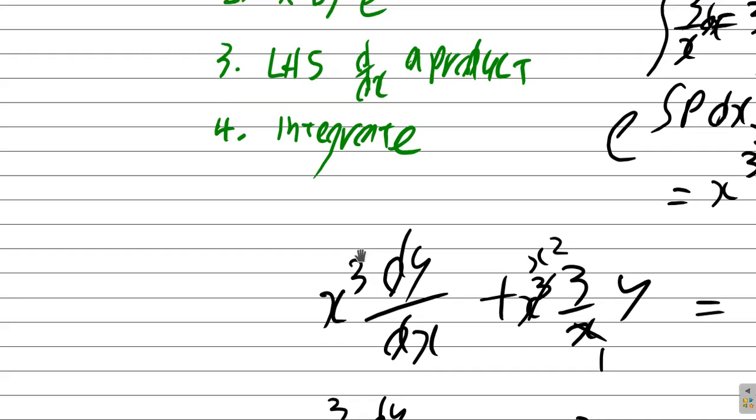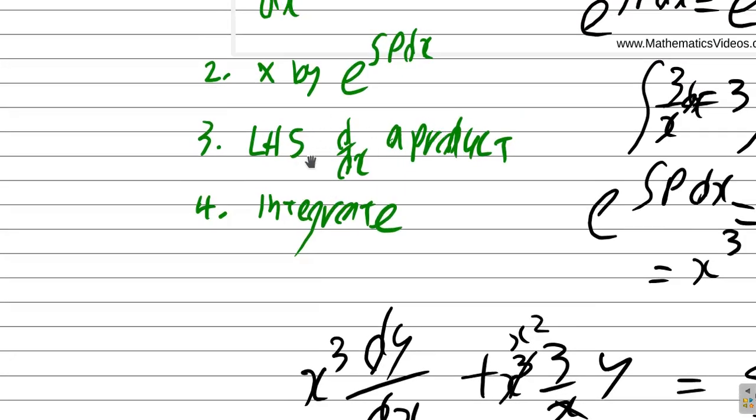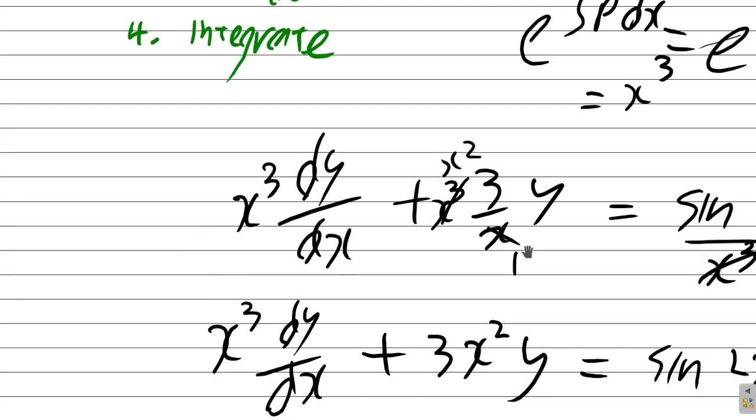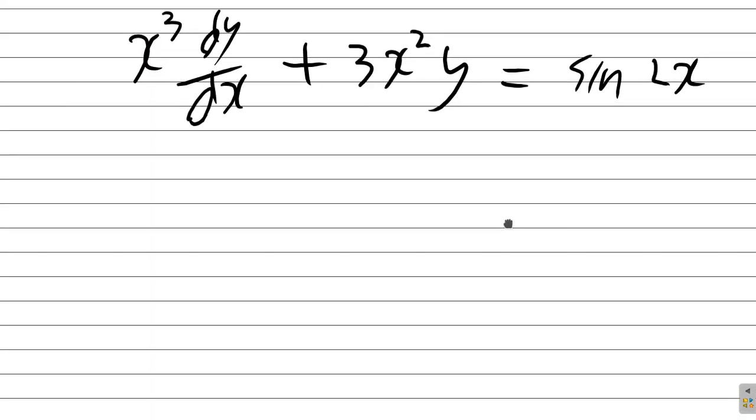Alright. So the next thing now, look at the left hand side carefully and see if you find a product that was differentiated using the product rule.